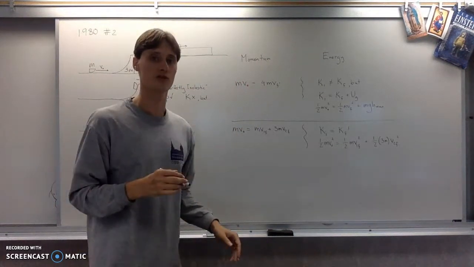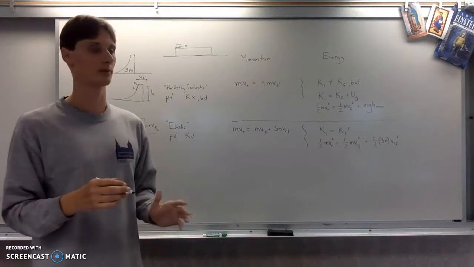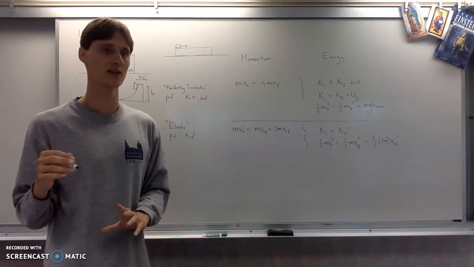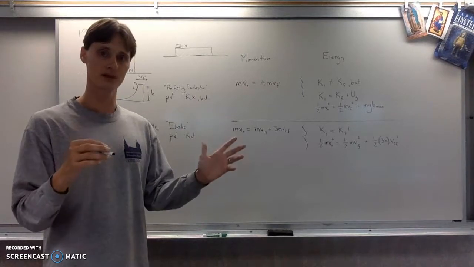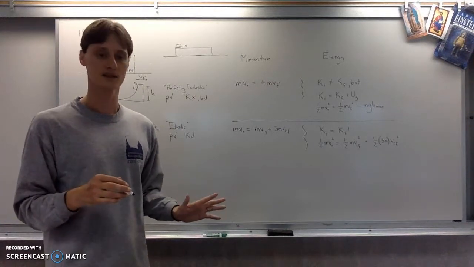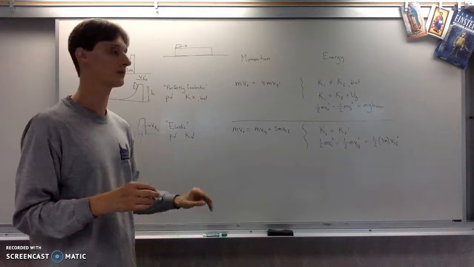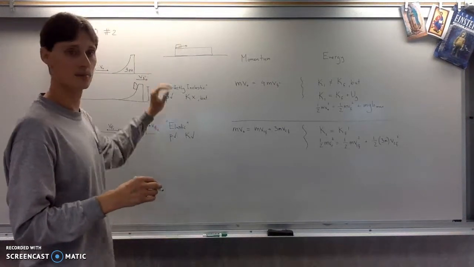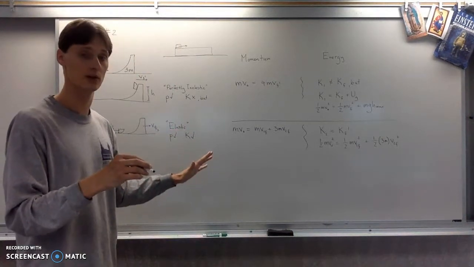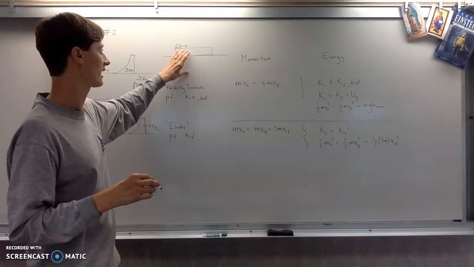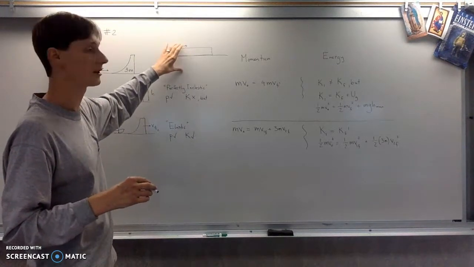And a lot of people struggle to place that problem. Like, am I supposed to use conservation of energy? What's going on here? It's conservation of momentum, because you have two objects which were once moving with their own separate velocities, in this case, this one not moving and this one moving.